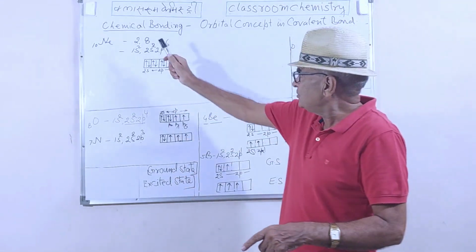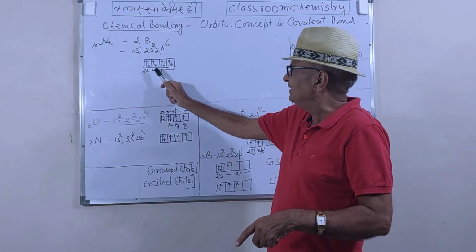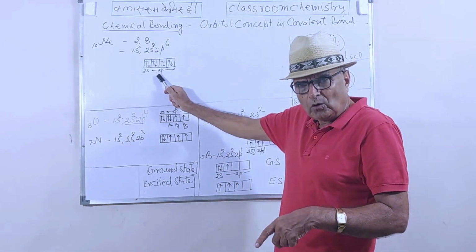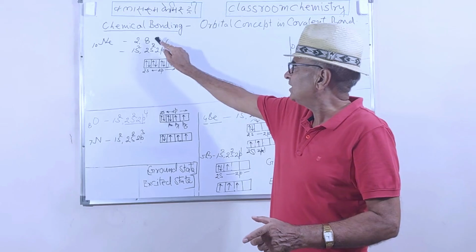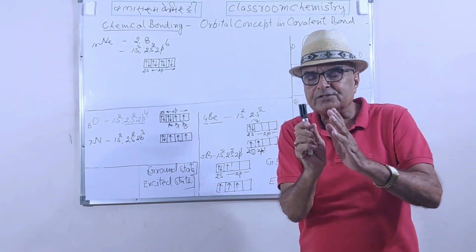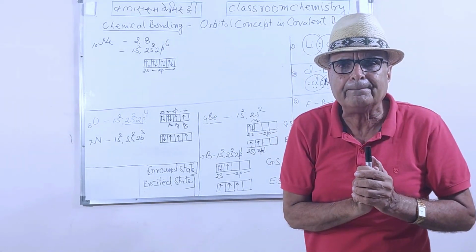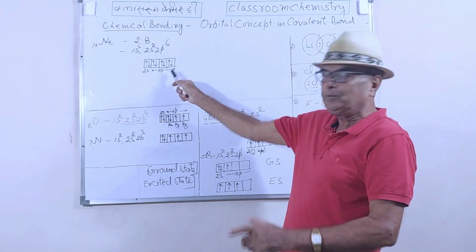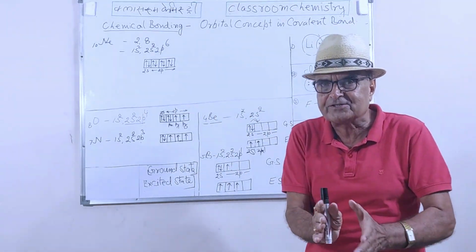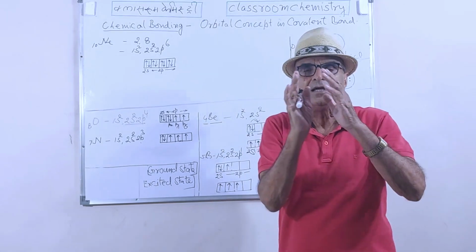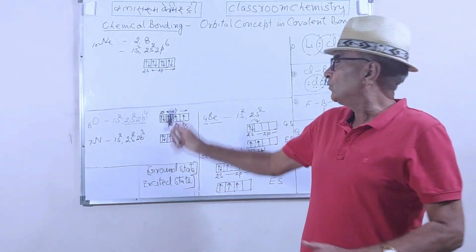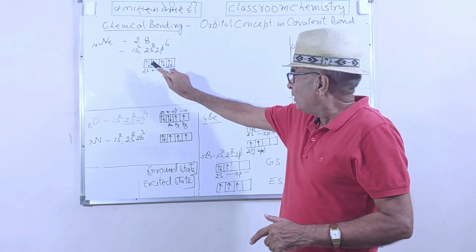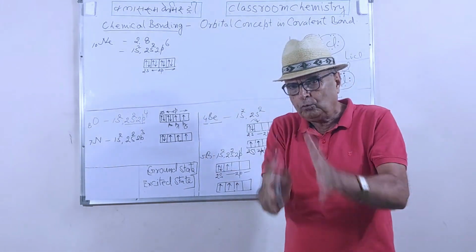These 8 electrons are finally located in 4 orbitals. So when these 8 electrons provide stability to the atom, these 4 orbitals also provide the stability to the atom.